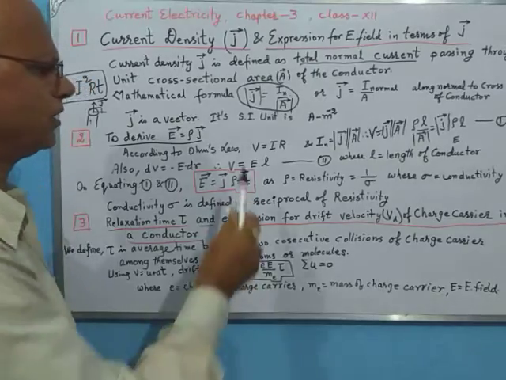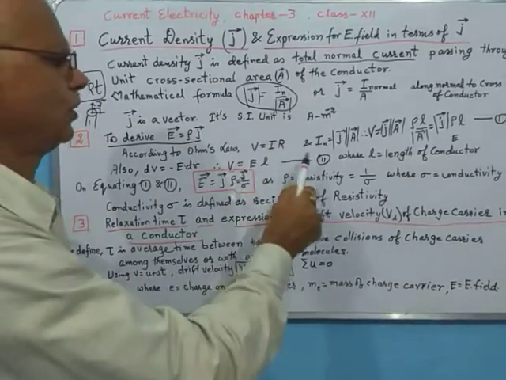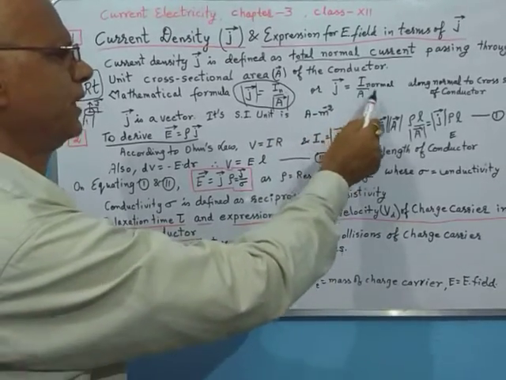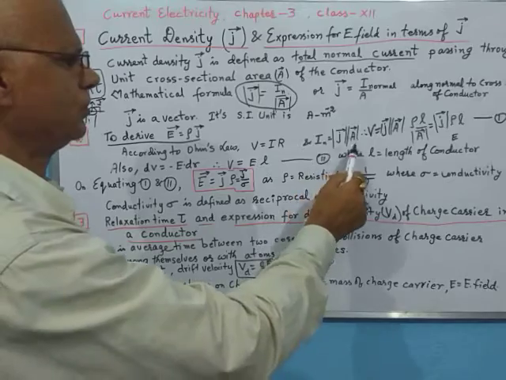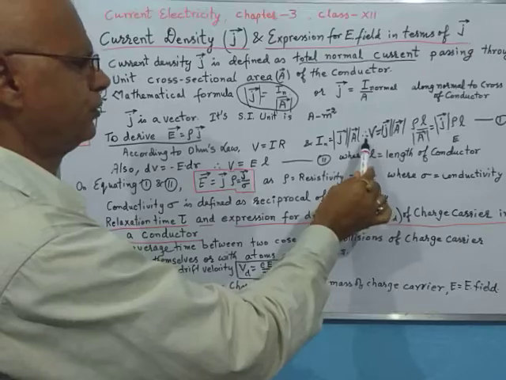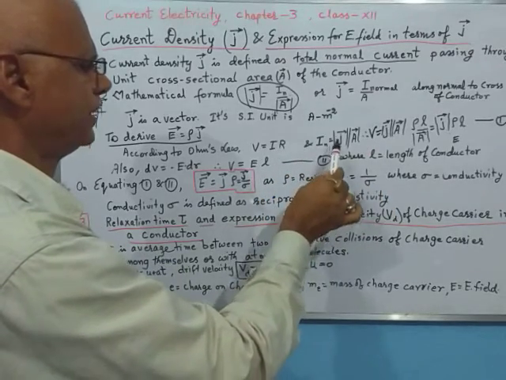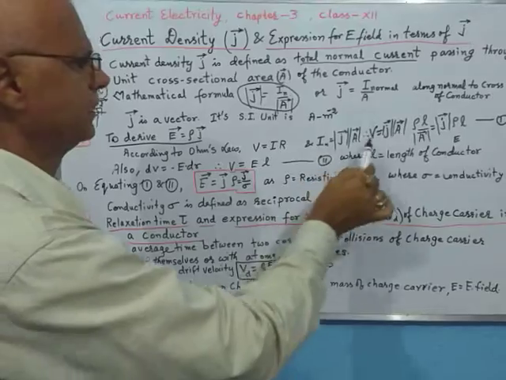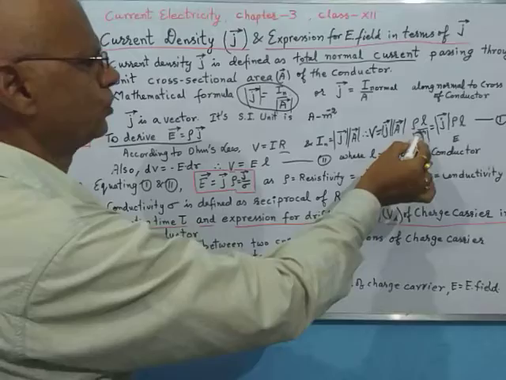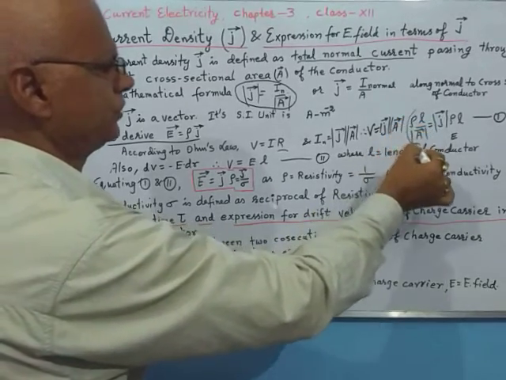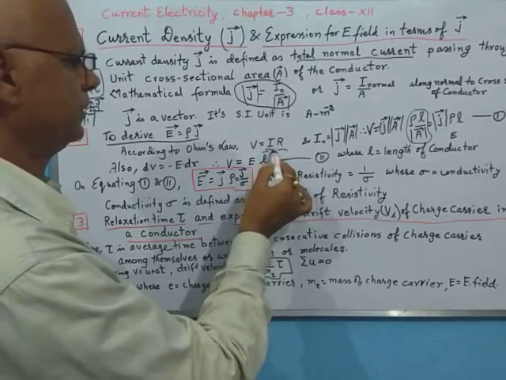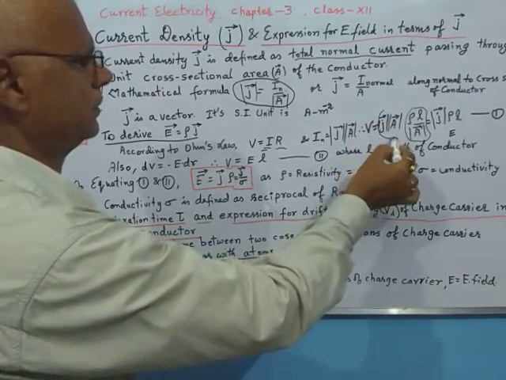We know according to Ohm's law, V = IR, and also from the definition of current density, J = I by A, therefore I = JA. So we write I = J, the normal current, and therefore V = JA times R, where for R we put the value rho L by A. This is for resistance, rho L by A, and for current we put the value JA.